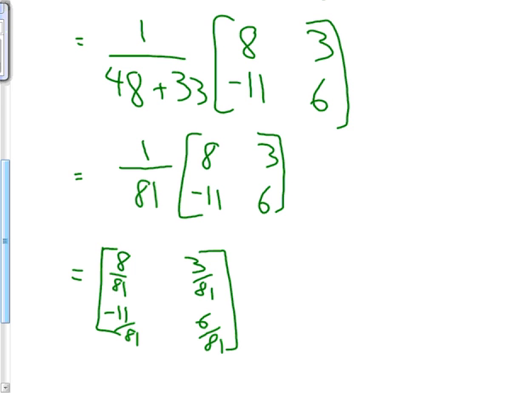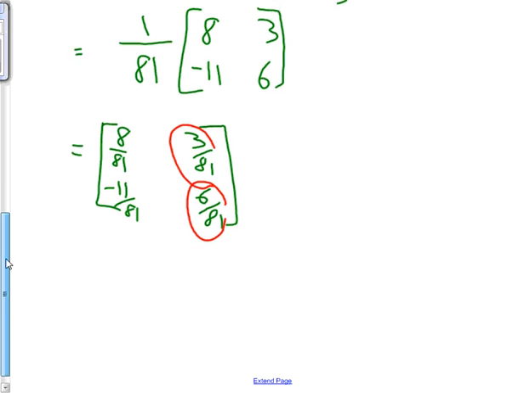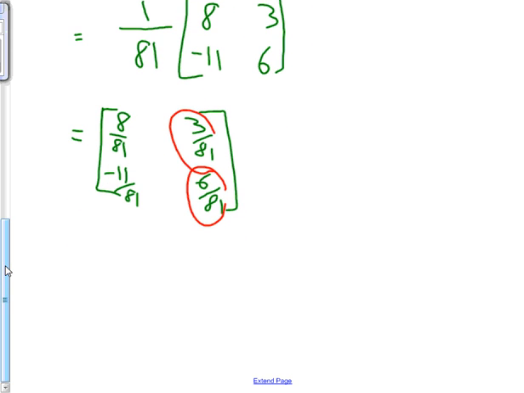We just have a couple of fractions here that can be reduced. 3 over 81, 6 over 81. We can reduce those fractions. And that's all. So what do we get when we reduce 3 over 81? Yeah, that'll be our final answer.